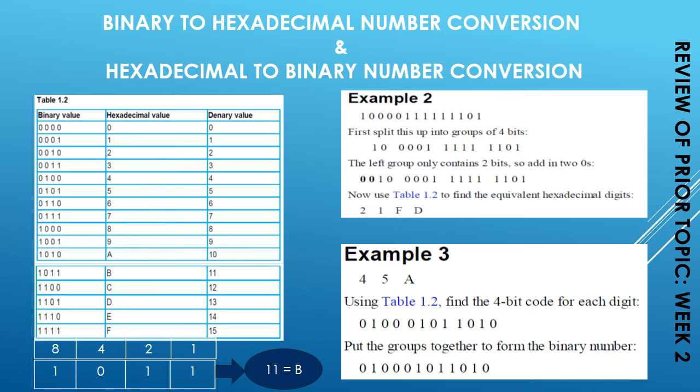Then the next digit is 5 and its binary value in the table is 0101. And then the next digit is A and its binary value in the table is 1010. Put the groups together to form the binary number. That is the answer.